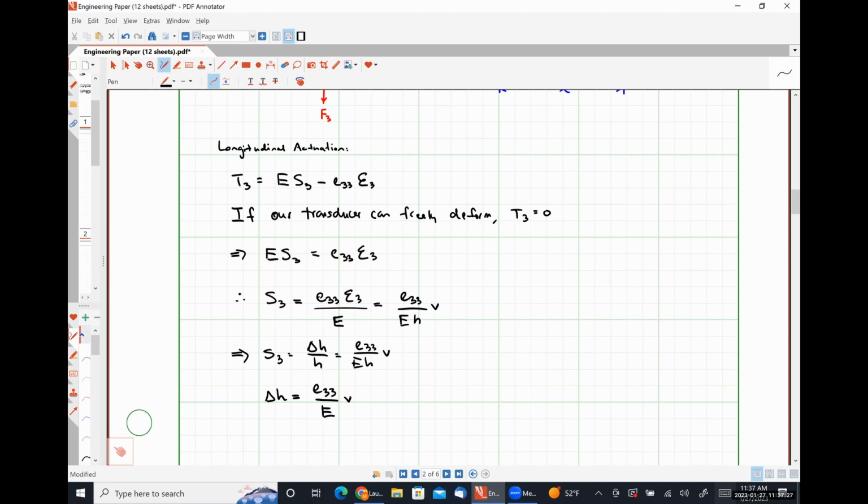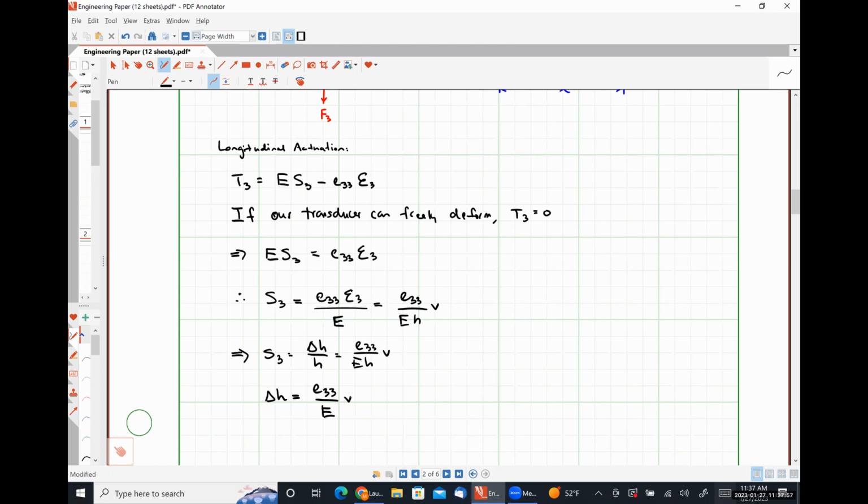But the displacement that is induced in this particular configuration is independent of the geometry of the actuator. It depends only on the material of the actuator through its piezoelectric coefficient and its Young's modulus and the applied voltage. So effectively, if we have a material that's relatively easy to deform and we can apply a voltage across it, we can get a large displacement.